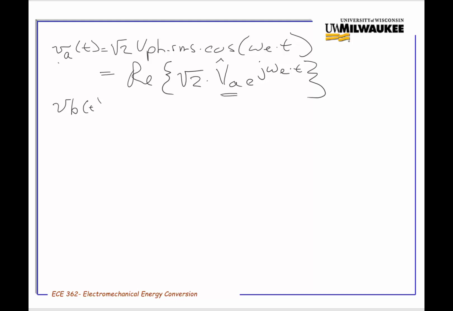VB of t is square root of 2 V phase RMS cosine of omega E t minus 120 degrees.